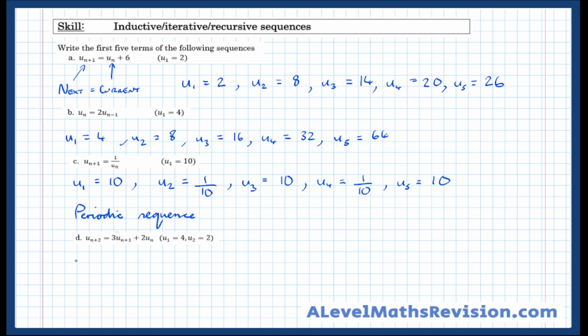So we're told that u1 equals 4, u2 equals 2. So u3 is going to be 3 times the previous term, and the previous term was 2, plus 2 times the term before that, so plus 2 times 4, equals, so 6 add 8 is 14.